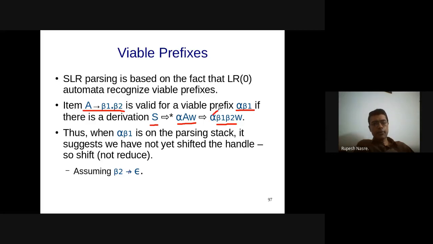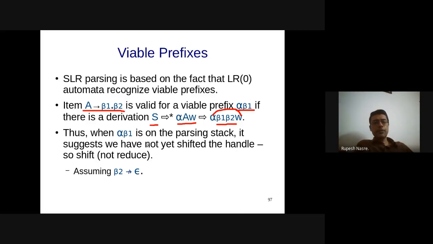This might look obvious, but because of reductions this might not be the case. You might have some reduction for alpha beta1, and that will give a different viable prefix. So the viable prefix alpha beta1 is going to appear only when such an A is deriving beta1 beta2, and you have seen part of it, alpha appears as the initial part of this sentential form and W appears as the next part.